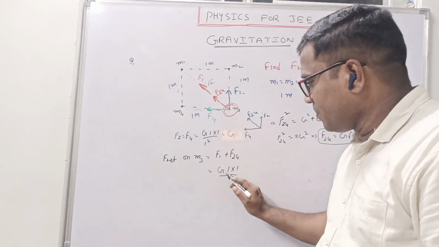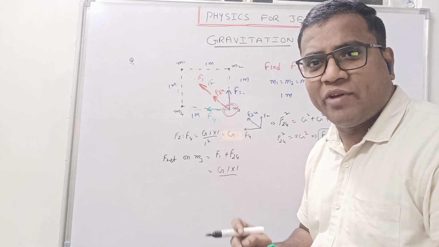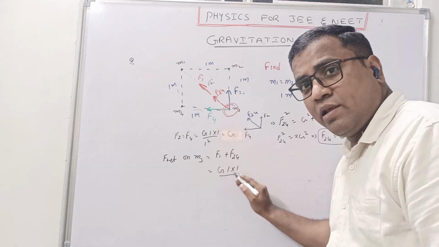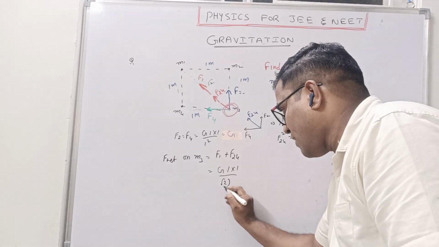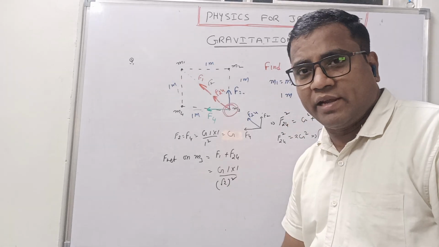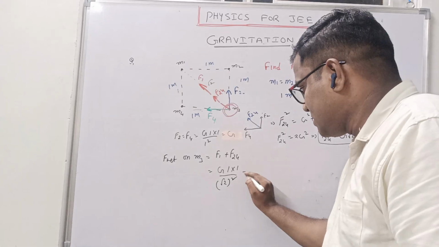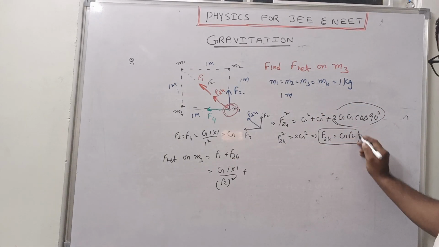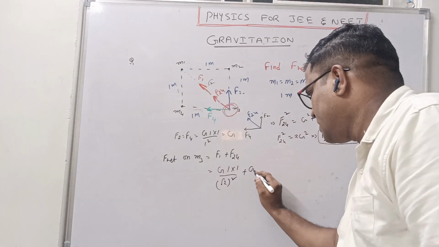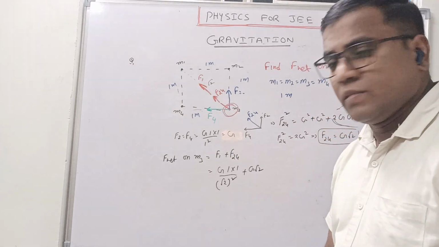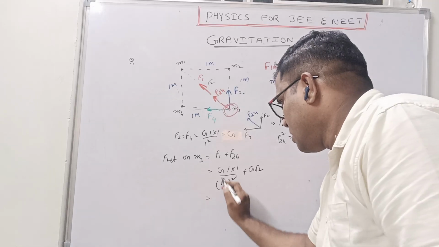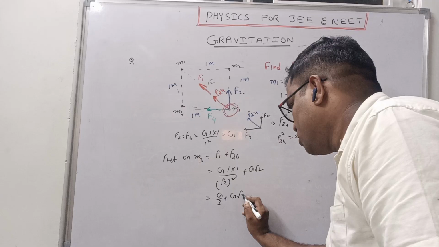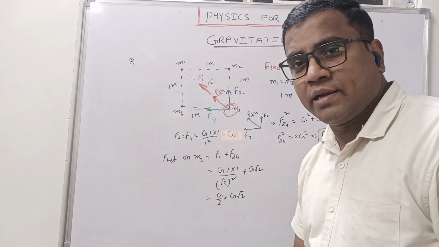So we write F is equal to G M1 M2 by R square, with root 2 whole square in the denominator, plus F24. F24 we already calculated: G root 2. So next we will get G by 2 plus G root 2. Correct?